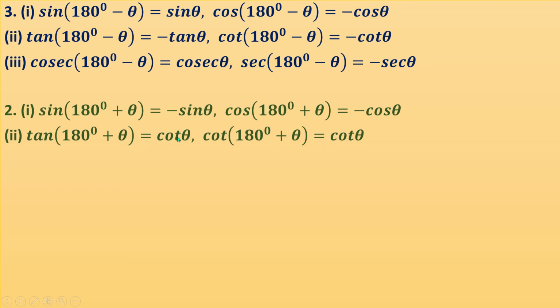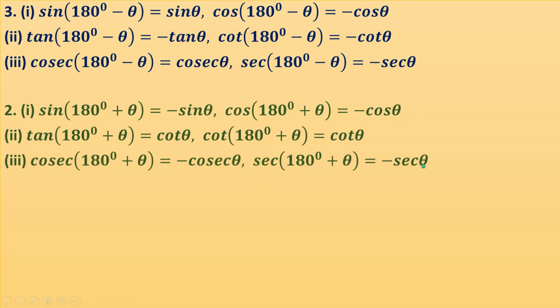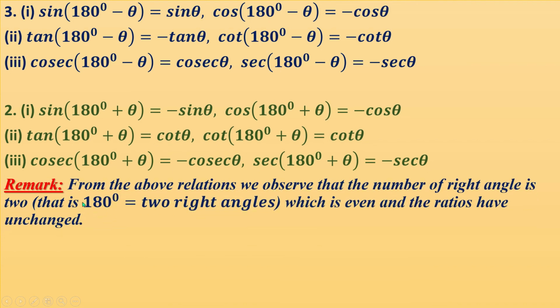Here will be tan not cot, because here the number of right angle is 2, so tan will be tan, cot will be cot, cos will be cos, cosec will be cosec, sec will be sec. So here will be tan. That means the number of right angle 2 is even, so the trigonometric ratio will be unchanged. Clear everyone?